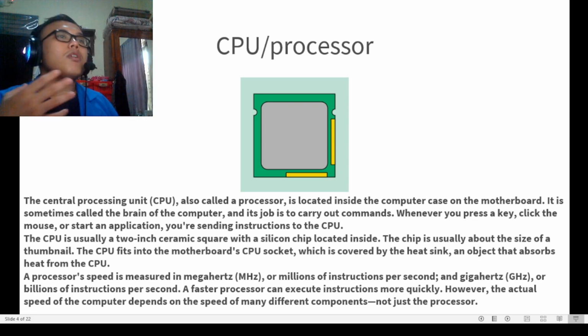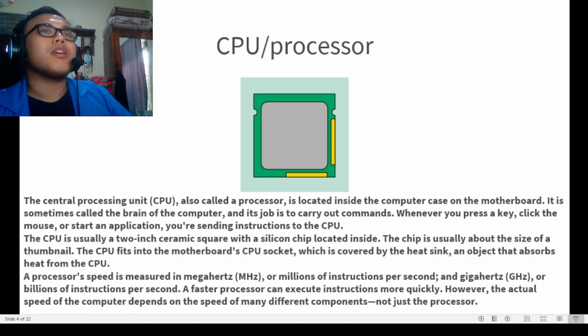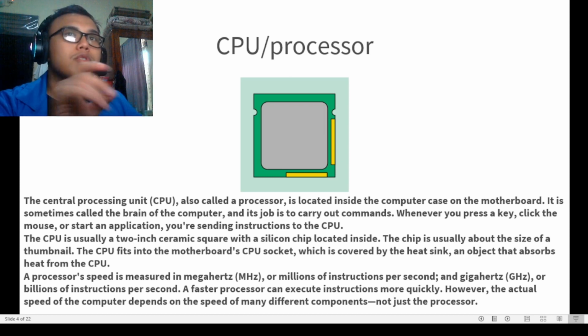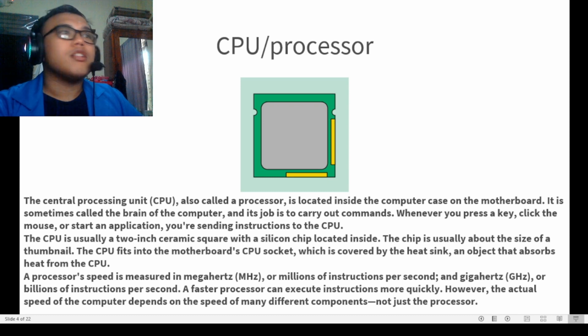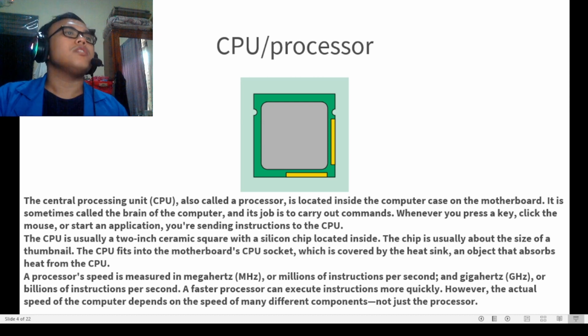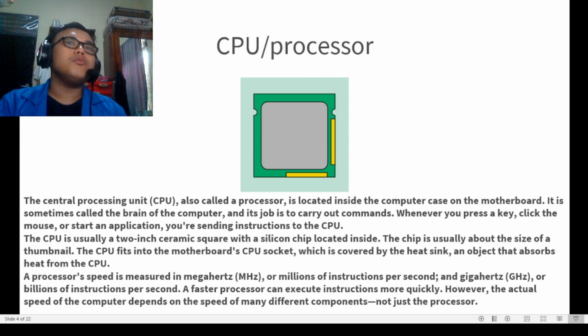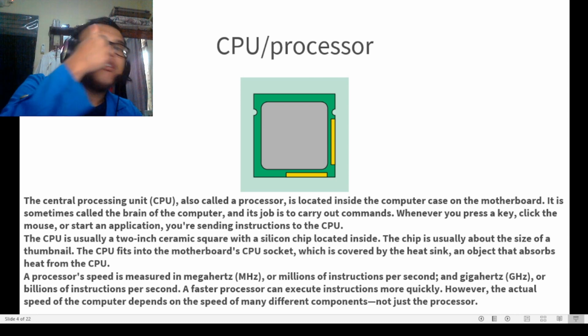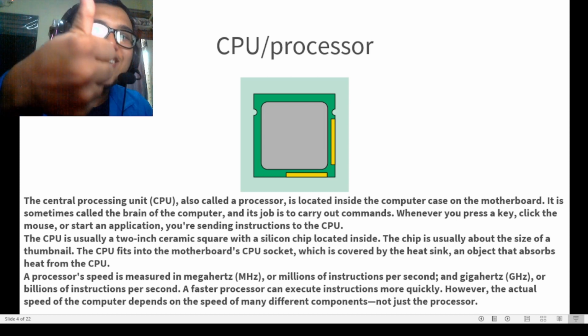It is sometimes called the brain of the computer, and its job is to carry out commands. Whenever you press a key, click the mouse, or start an application, you're sending instructions to the CPU. The CPU is usually a 2-inch ceramic square with a silicon chip located inside. The chip is usually about the size of a thumbnail.